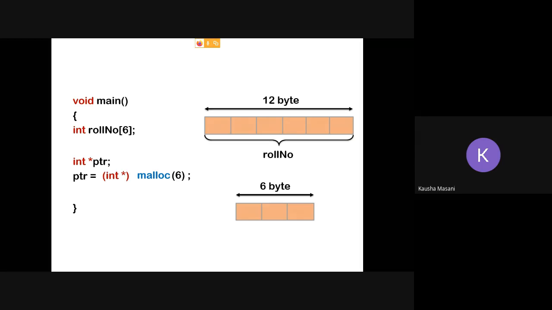All right. So what to do if you want to make both of them the same? If you want the integer array roll number 6 and malloc to reserve the same amount of memory, then what should you do?